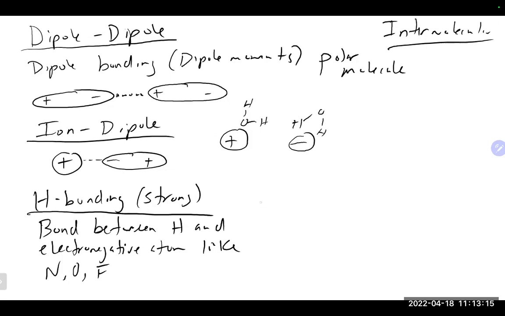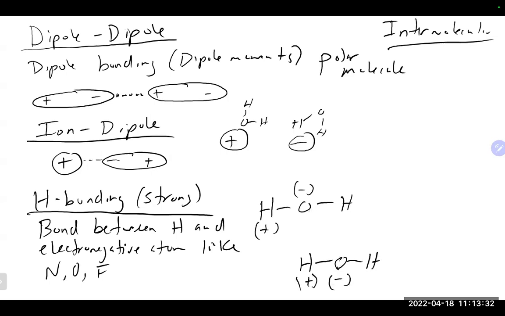That is actually what we do see in water. Water is a polar molecule where the oxygen is more negative and the hydrogen is more positive. So when one water molecule interacts with another, which also has a negative and positive side, the negative side of one, which is the oxygen, is attracted to the positive side of another. And that is what is known as hydrogen bonding.